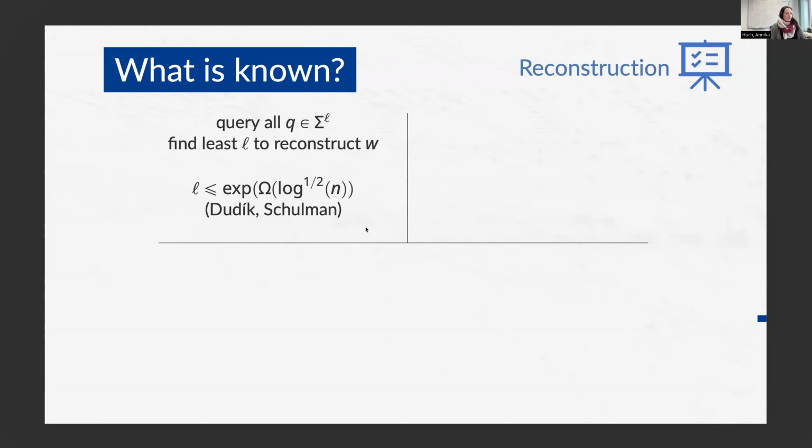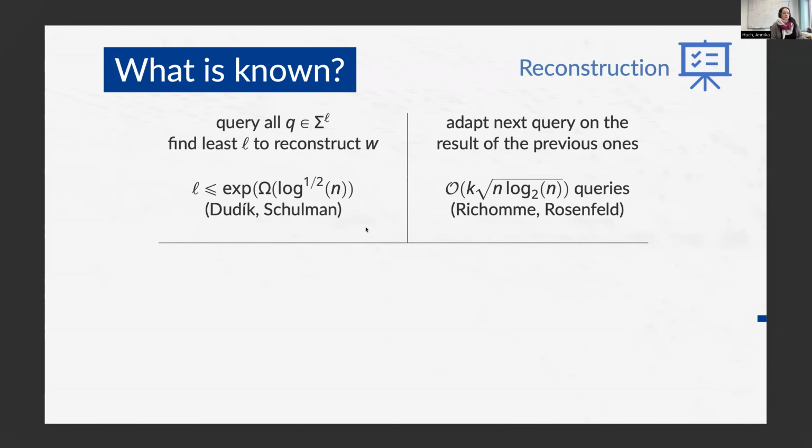This is just one variant. Another variant is to adapt the query on the result of the previous query. If we query something and get to know that there's, for example, no A within this word, then we do not need to query anything else that has A in it. There are also some recent results, for example, by Huch and Rosenfeld.